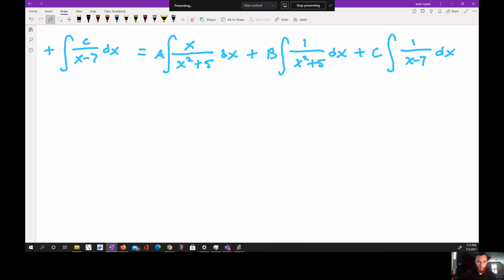All right, perfect. And now we can go ahead and evaluate these 3 integrals using basic techniques. The first one, we'll use a u-substitution. We'll say u equals x squared plus 5.